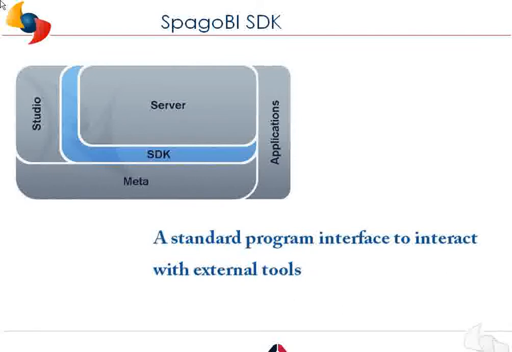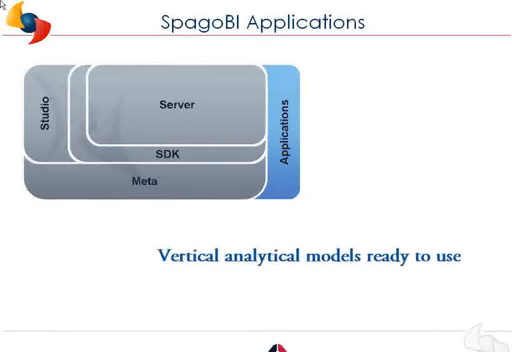Then the SDK allows the different components of SpagoBI to communicate with one another, and it also allows external applications to communicate with the SpagoBI server functionalities using APIs and web services.